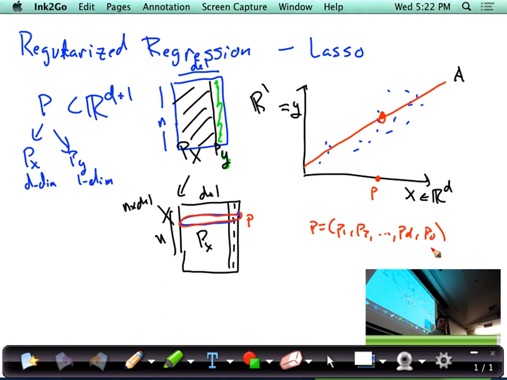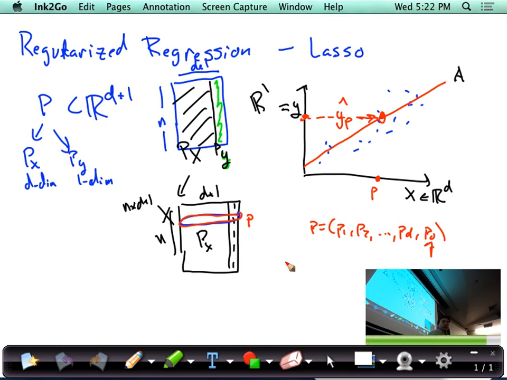And this coordinate is always 1 right here. But these others are the input, and what I want to do is predict this value here.